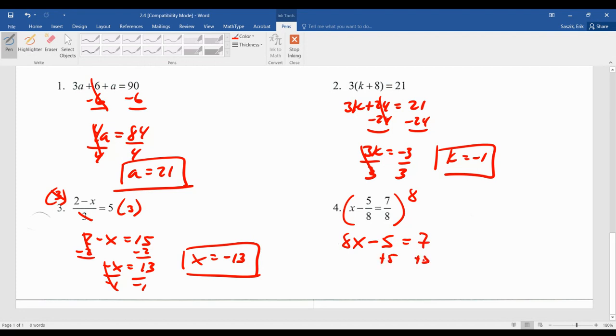Move the 5 over. So we get 8x equals 12. Do a little division. Now this doesn't divide, so you just want to reduce the terms of your fraction, and you get 3 over 2.